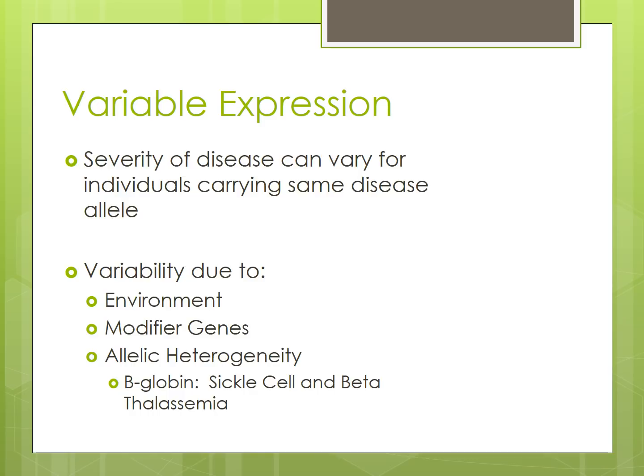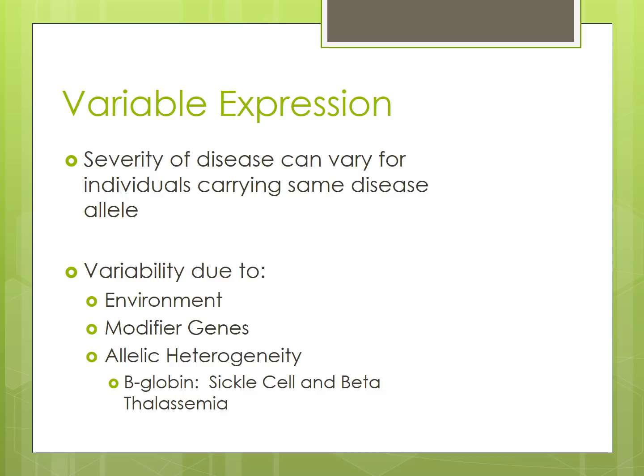So the genetic background, or the other genes or alleles in play, can affect the severity of the defect. And then there's also allelic heterogeneity, which means that on a specific gene you could have multiple mutations within the same gene. My example would be beta globin, which can lead to either sickle cell anemia or beta thalassemia.